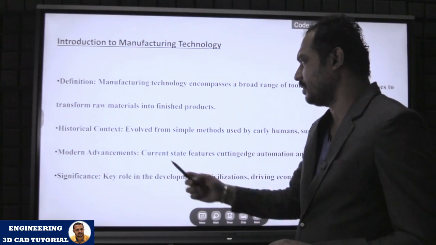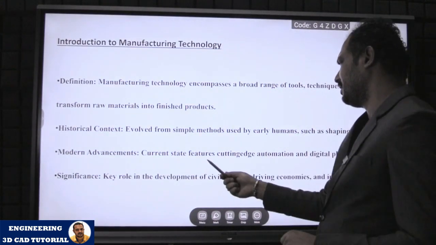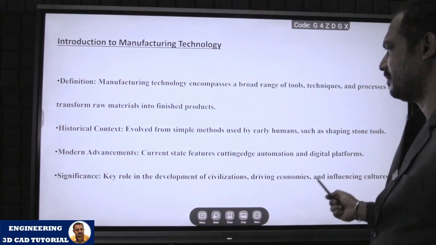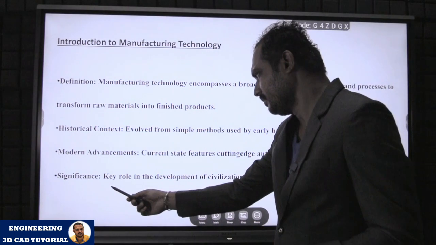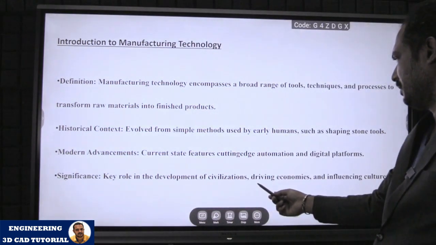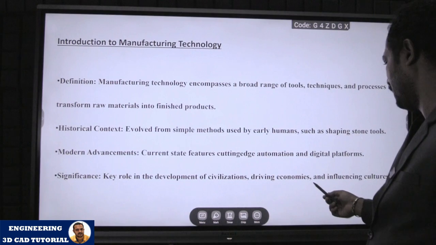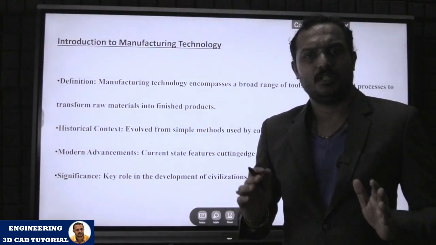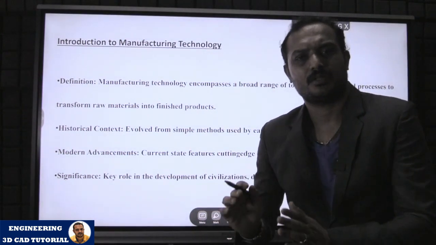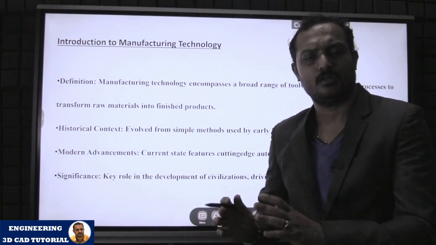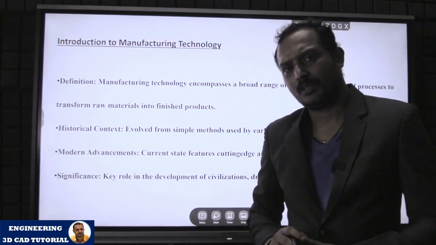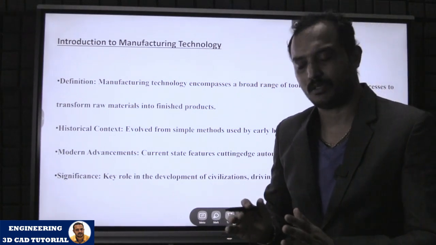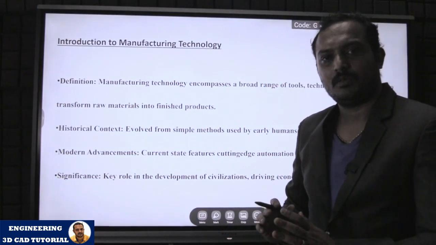So modern advancements: the current state features cutting edge automation and digital transformation. Significance: a key role in the development of civilization, driving economies and influencing culture. If you see every stage, in the older stage they started using stone or wood, and later they started using metals.